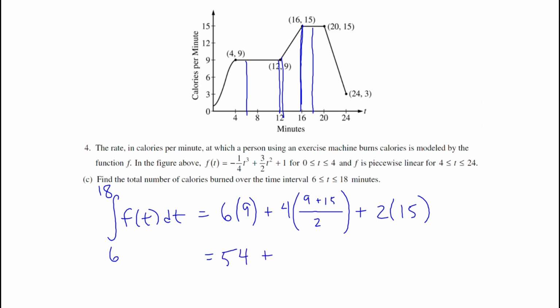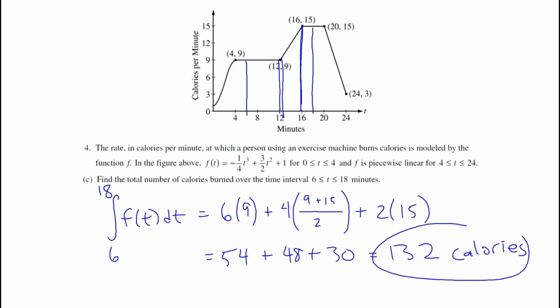We get 54 plus 9 and 15 is 24, 24 divided by 2 is 12, times 4 is 48. Then we'll add to that 30, and 54 plus 48 is 102, plus 30 more is going to be 132 calories in total burnt on that interval.